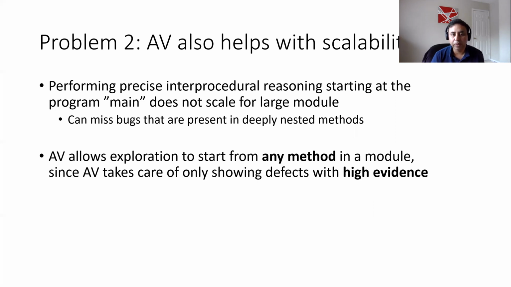But with AV, you could start your analysis at any method. And if your bug is localized to a few procedures starting at that method, then you can find it with high evidence without having to start all the way from the main, because AV takes care of hiding false alarms that result from an unconstrained environment.